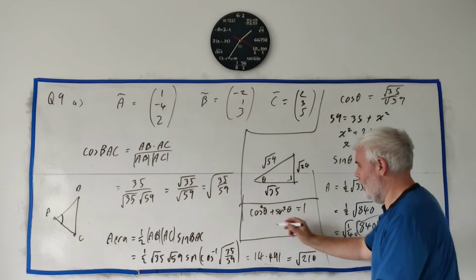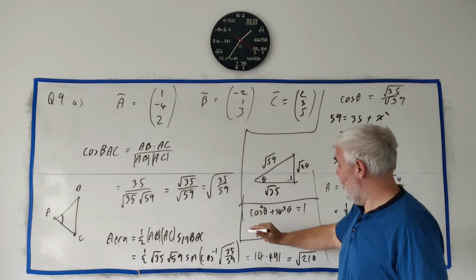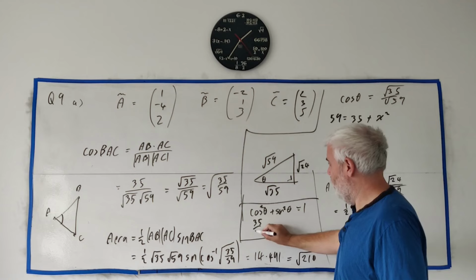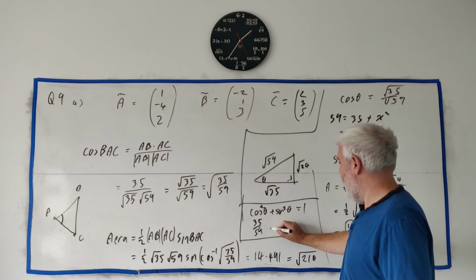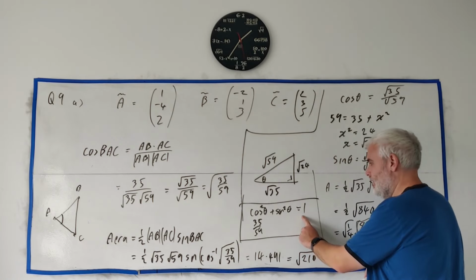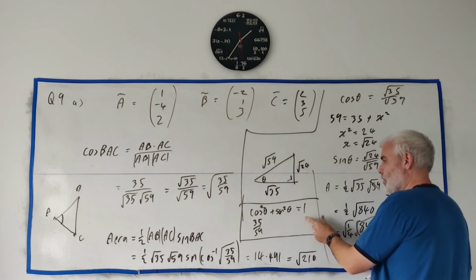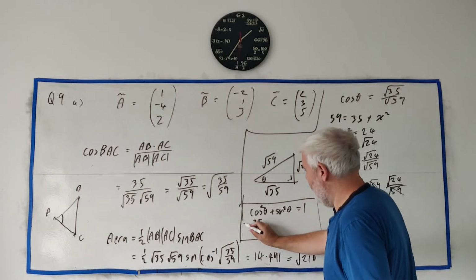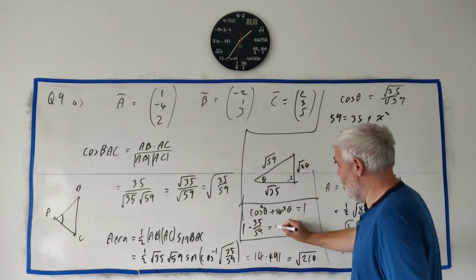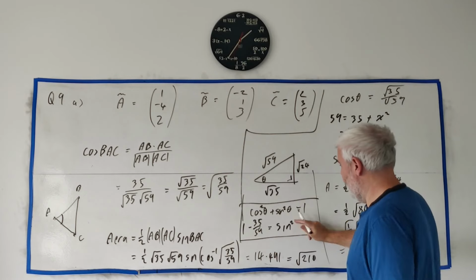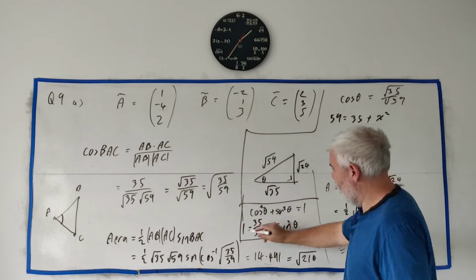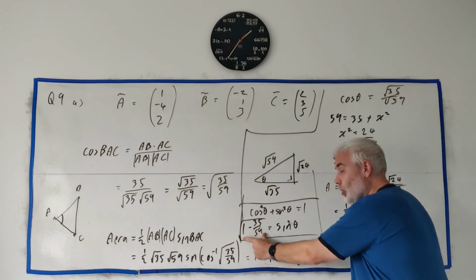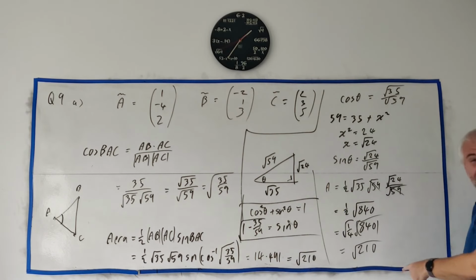So you could have written, let's see, this squared is this squared, so 35 over 59. Let's bring this over to equal. So this becomes a minus, and there's a 1. 1 minus that is equal to sine squared. So let's get the square root of all that. So you could have put that in. It would have just been a lot messier than that.